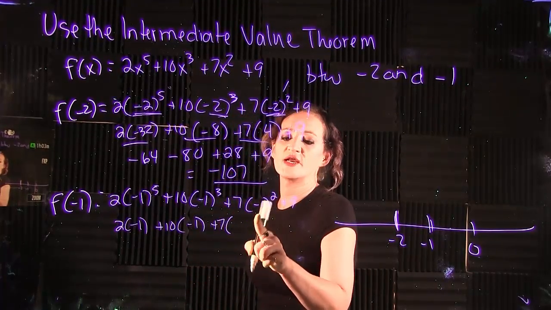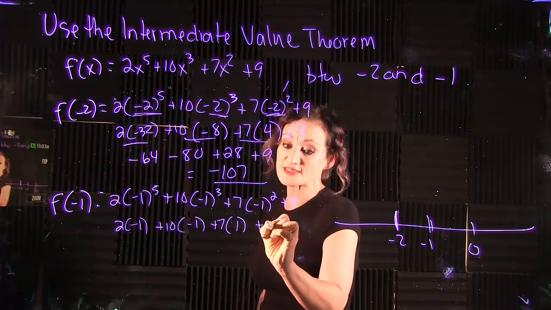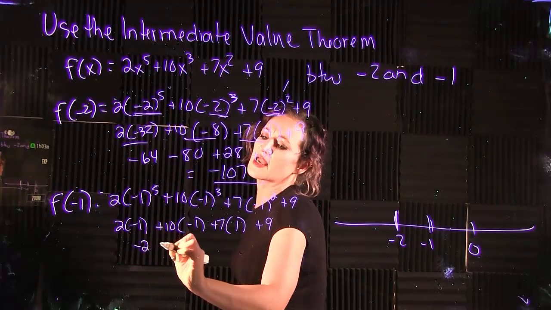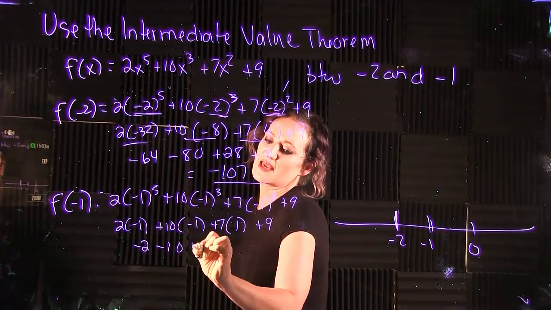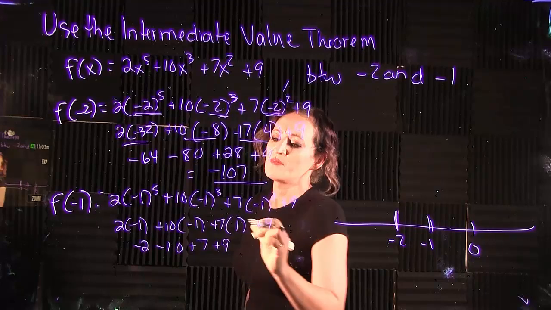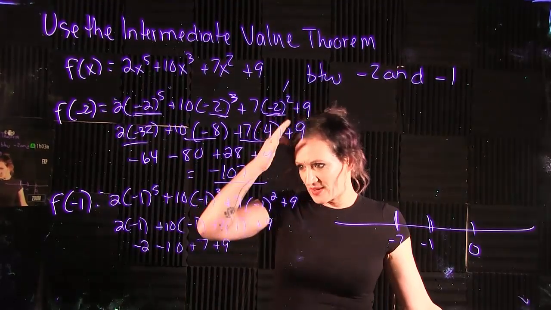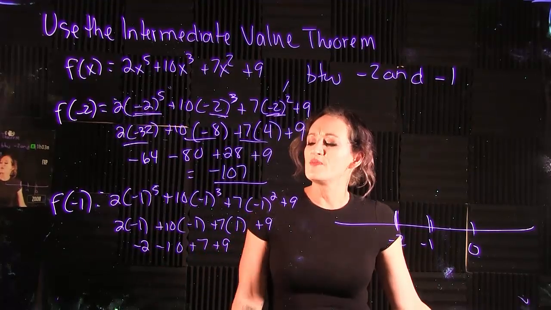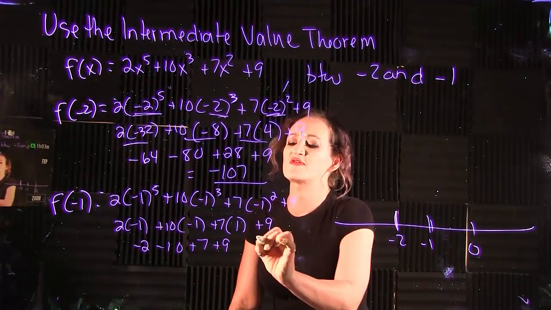Over here, -1 times -1 is a +1, and drop down that 9. So this is really just a -2 minus a 10 plus a 7 plus a 9. When we calculate that, -2 minus 10 is a -12, plus 7 makes that a -5, plus 9 makes that a +4.